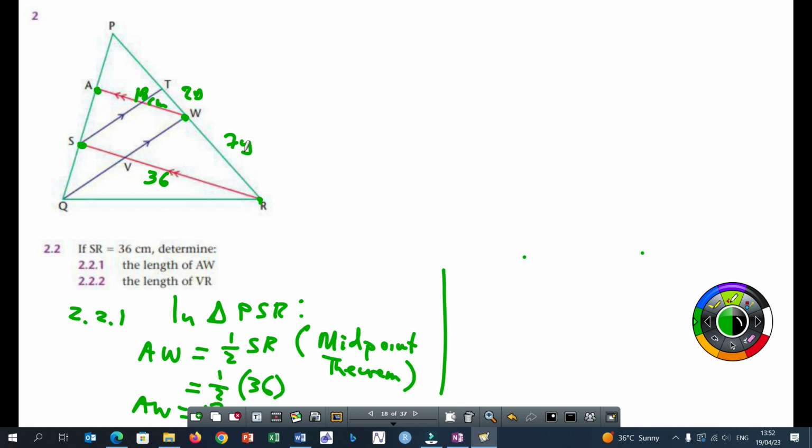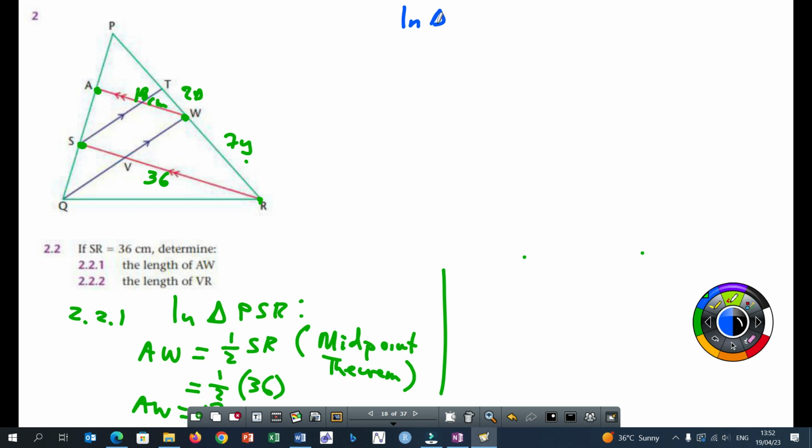I hope you can agree with me that because SR is given, I can calculate the length of SV using these two. But I'm going to go back to the basics of the proportion theorem. I can use them directly, but for the sake of confusion, I'll go back to the basics of the proportion theorem.